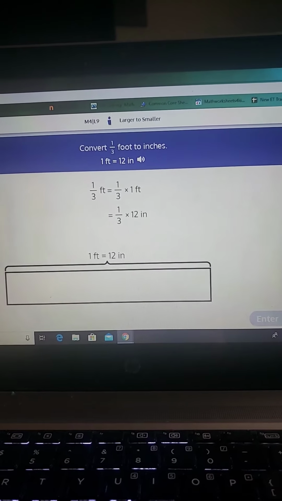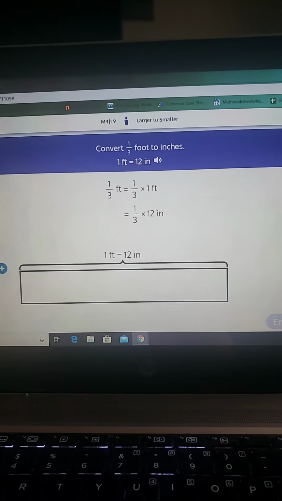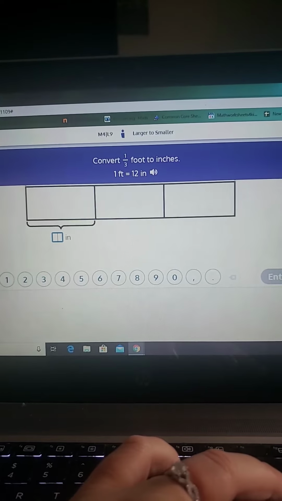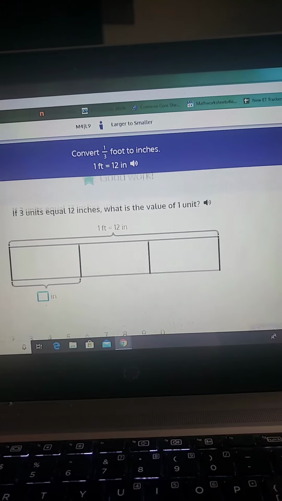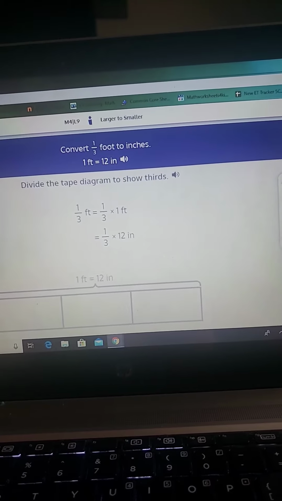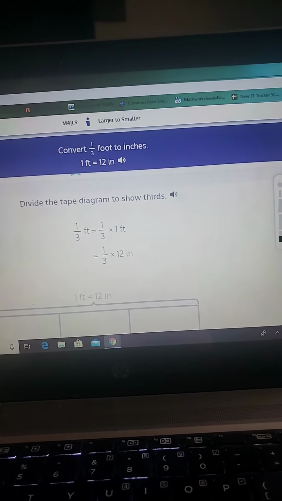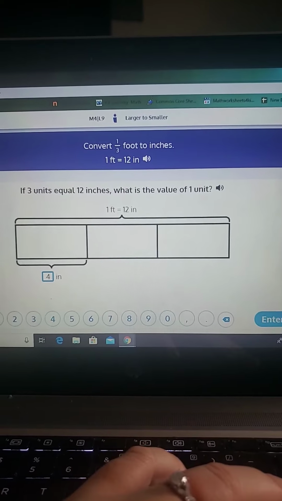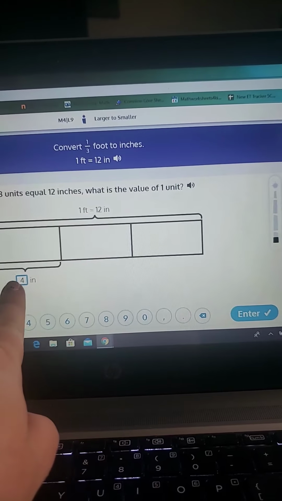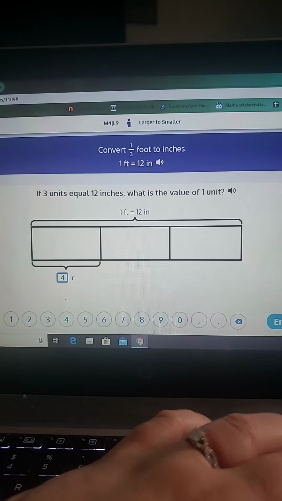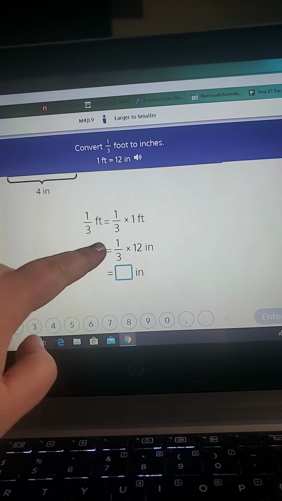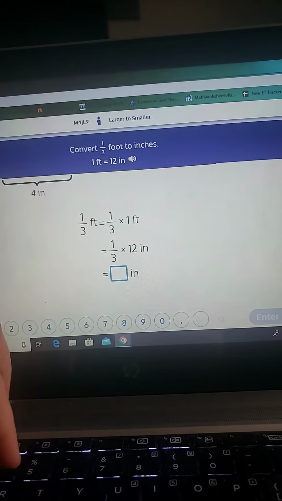And then what it's asking you to do is divide this into thirds because we want to find out what 1/3 is. So 1, 2, 3. And then what you can do in your head is you can just do your multiplication. You can do 1 times 12, which is 12, divided by 3, and that would give you 4. Or you can do 12 divided by 3 boxes is 4. Either way. And then once more, we know that 1 times 12 is 12, divided by 3 is 4.